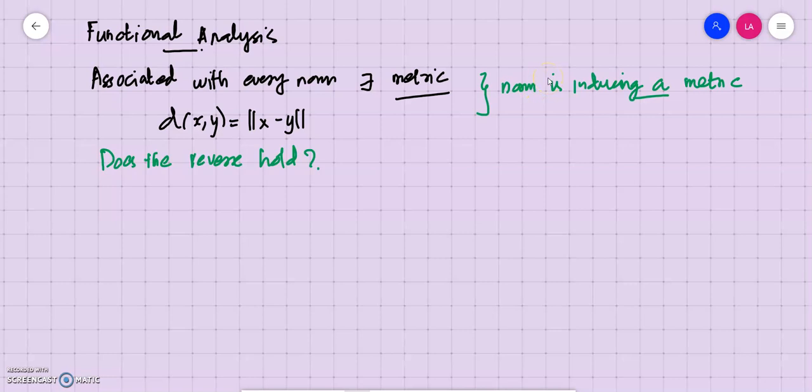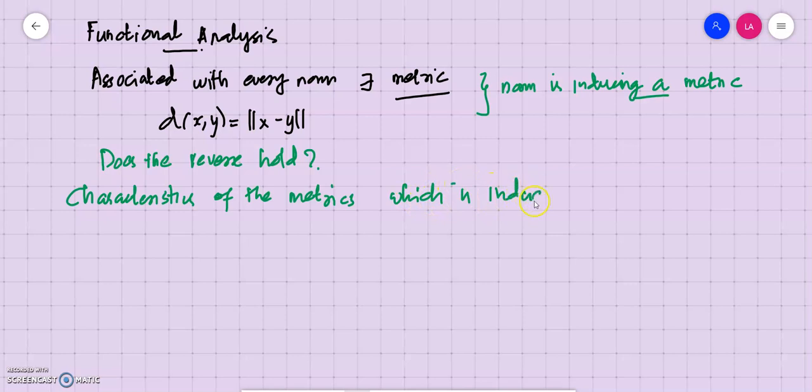For understanding this question, we need some characteristics of the metric which is induced by a norm.